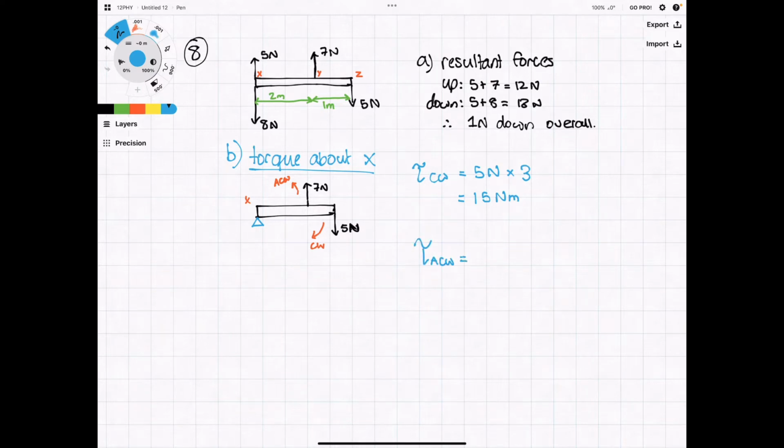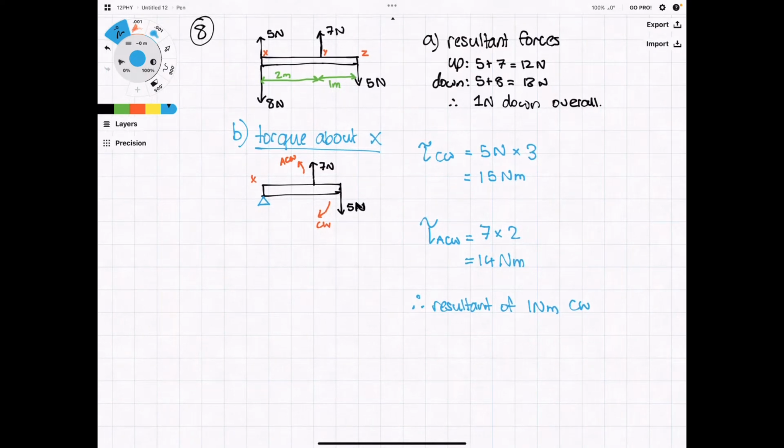Our anti-clockwise one is our 7 Newton force times by distance, which is 2 meters, equals 14 Newton meters anti-clockwise. Okay, so we have 15 going clockwise, 14 going anti-clockwise, therefore resultant of 1 Newton meter clockwise. Okay, which is correct.